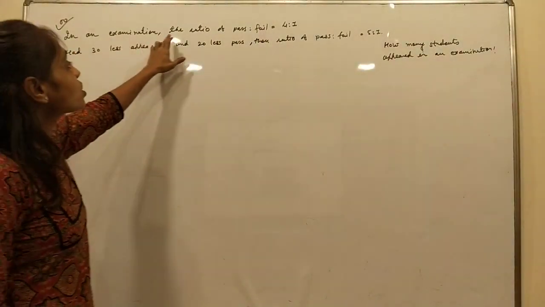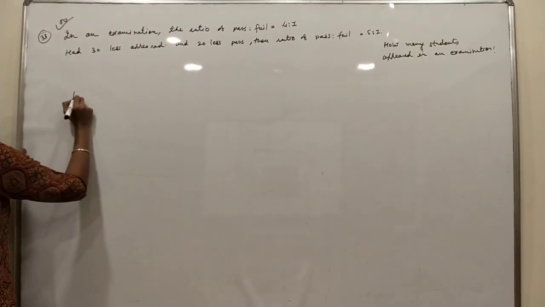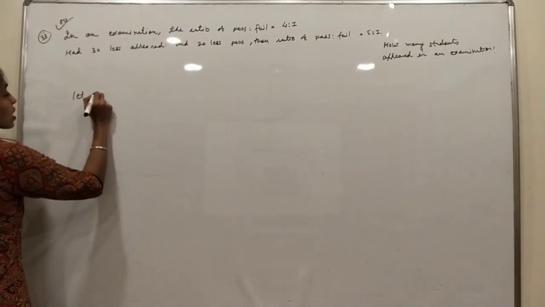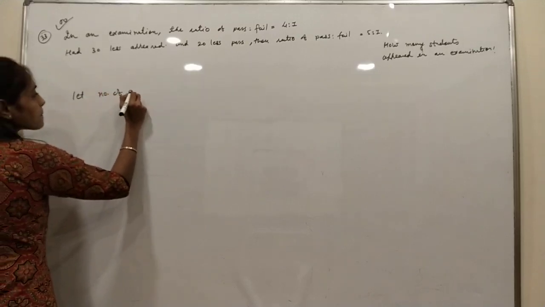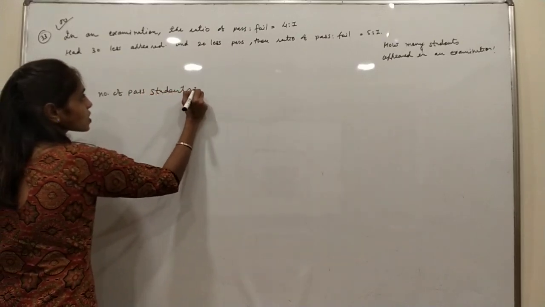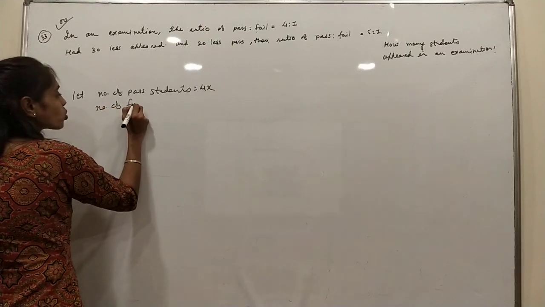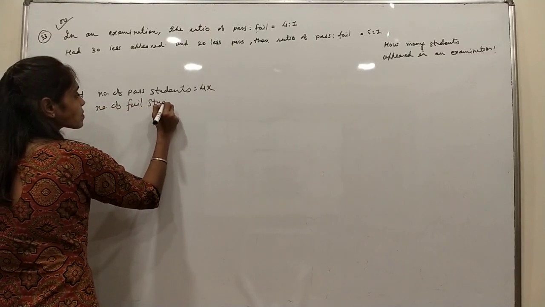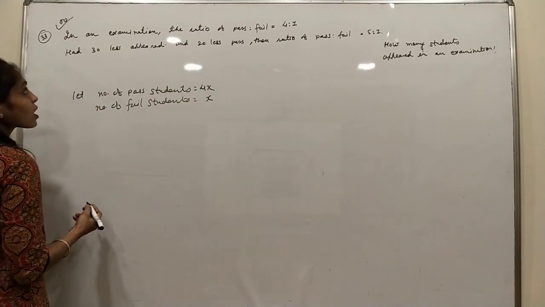In an examination, the ratio of passes to fail is 4:1. Let the number of pass students be 4x and the number of fail students be x.